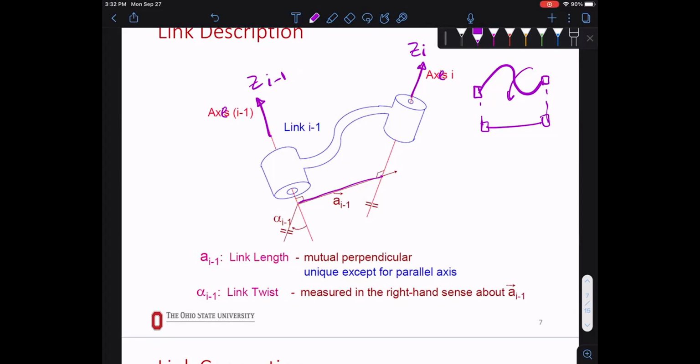Now, if these two are parallel, what's the distance? Just the same in all places. They could be parallel, they could be distant. What is the other case, where they coincide?